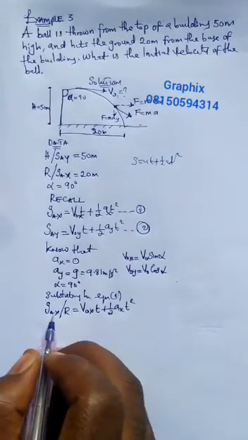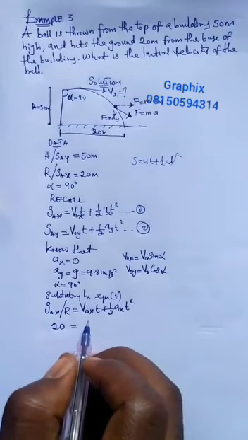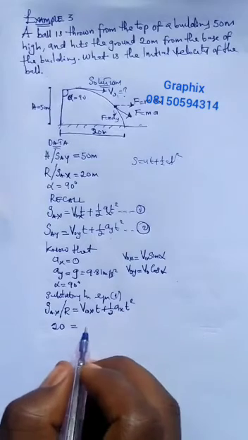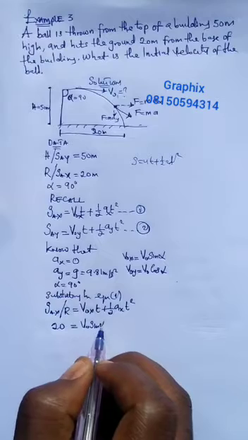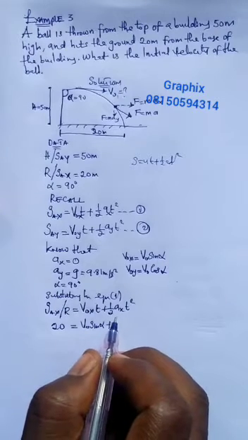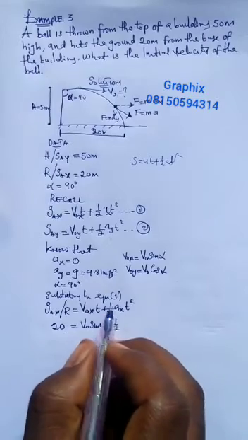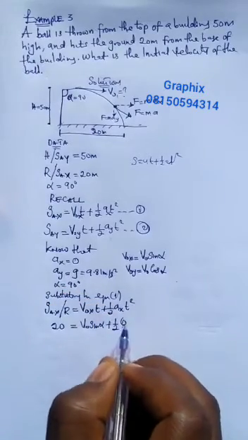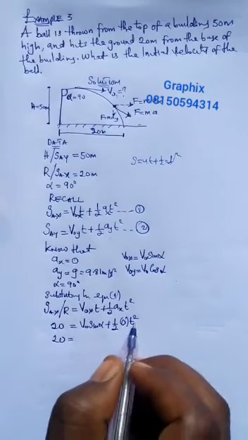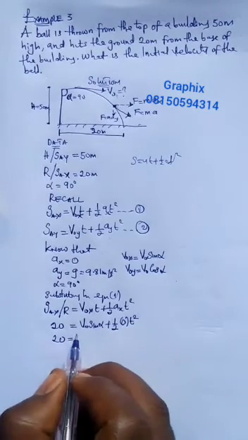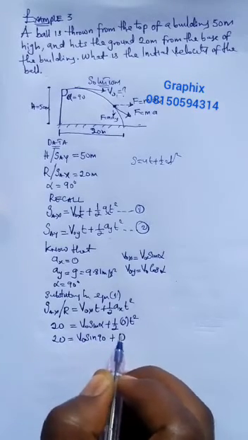So when we substitute our values, my SAX will be 20, and my VOX will be given as V naught sine alpha, right? Plus 1 over 2, the AX here is given to be 0, and we have T squared. So we have 20 equals, everything here becomes 0, so we're having V naught sine 90 plus 0.